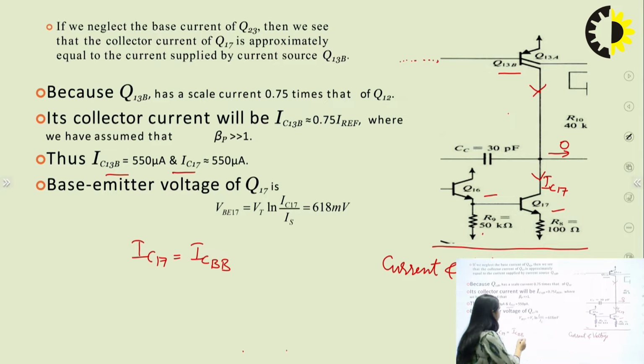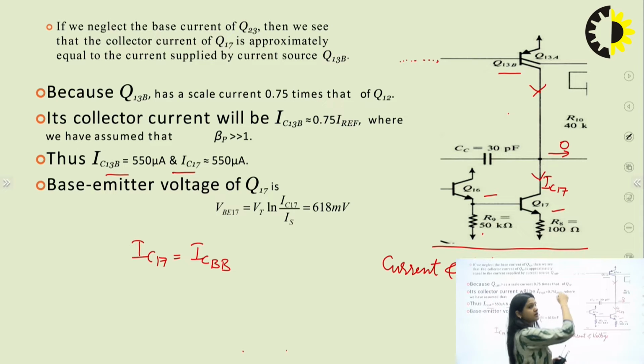To calculate IC13B, as you can see from the diagram, this is a double collector lateral transistor where the scaling of Q13B is 0.75 times I reference. I reference is the current provided by the Q12 transistor.